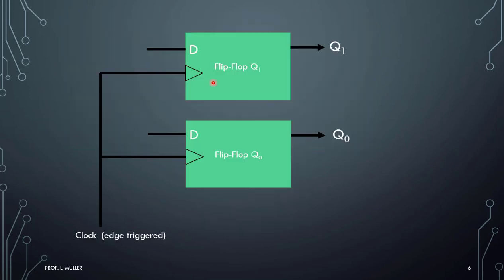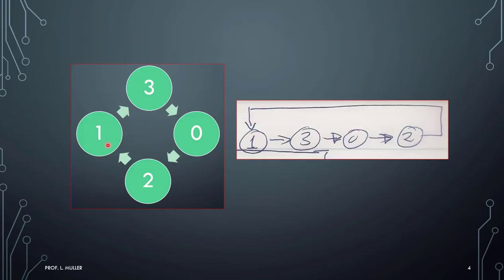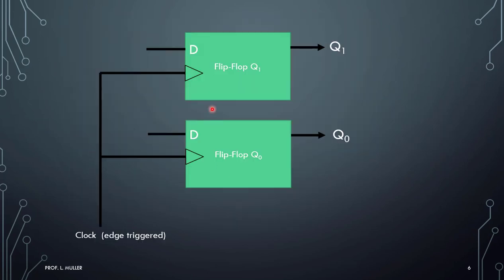Now, in our counter, if we go back a few slides, we wanted 0, okay, it takes 1 bit. For 2, I need a 1 and a 0, or a 0 and a 1, and a 1 and a 1. I need 2 bits so I can count with this many numbers. So I need 2 flip-flops. I'll call one Q0 and the other Q1.